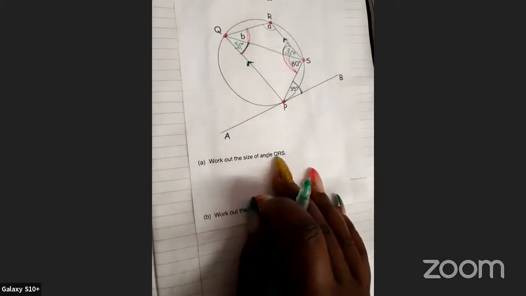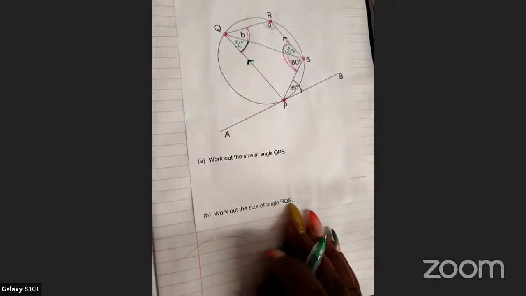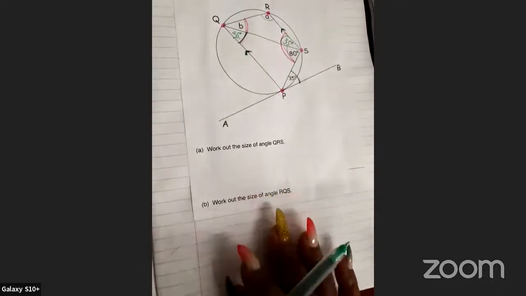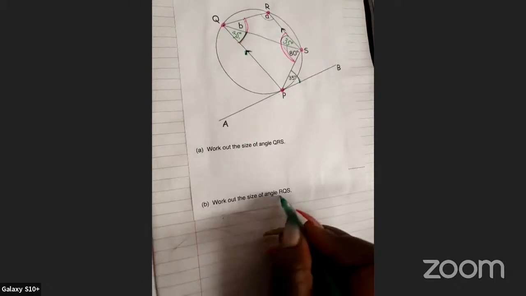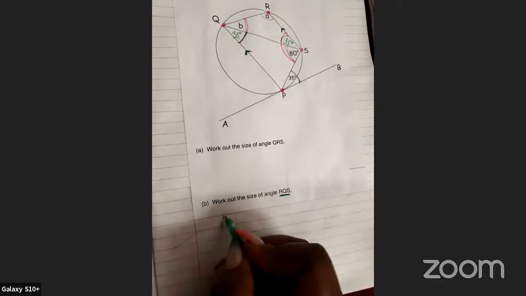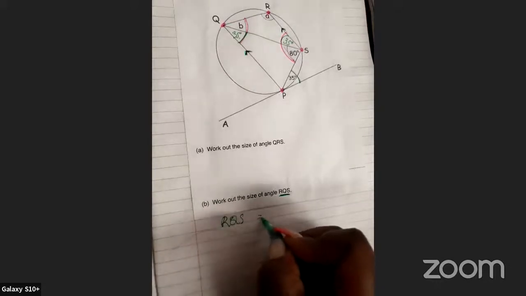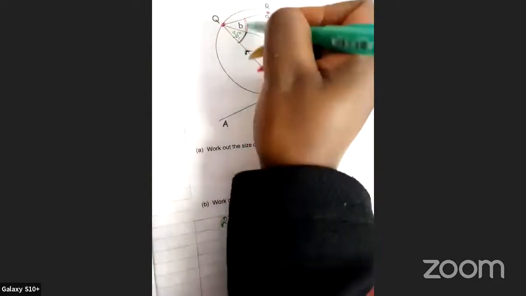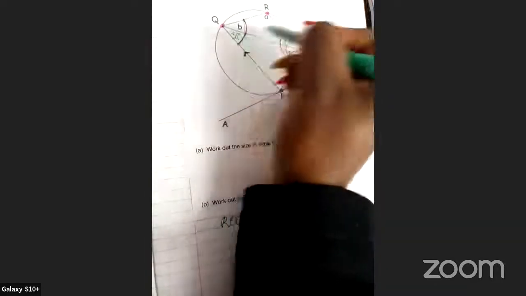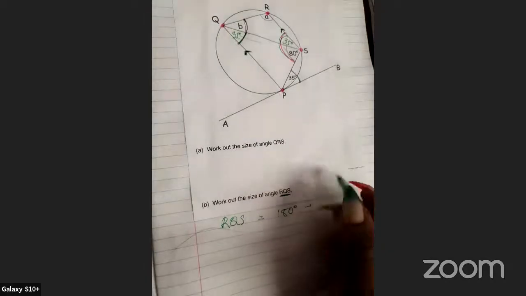Angle QRS. Oh, I'm doing angle RQS first. So RQS equals 180 degrees minus, because all of these angles, this bit and this bit, add up to 180.